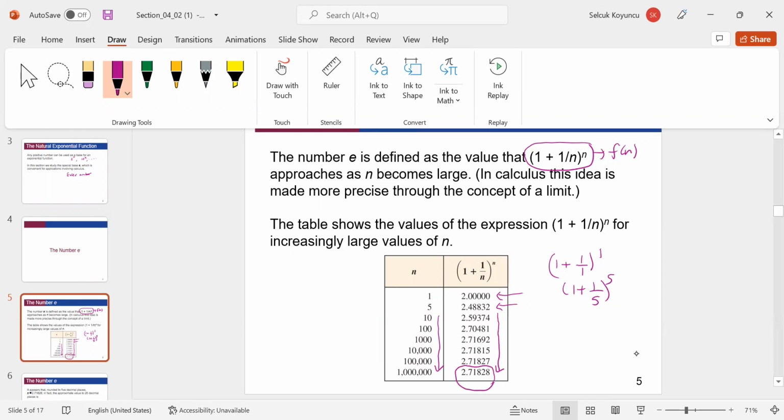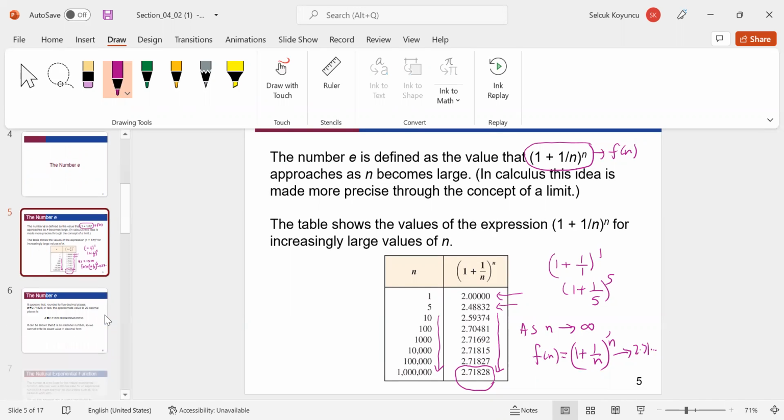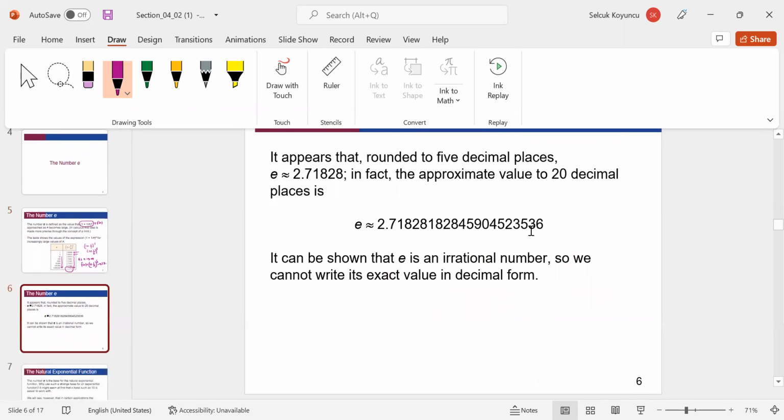So as n goes to infinity, this function f of n, defined as 1 plus 1 over n to the n, is approaching 2.71 and so on. We're going to call this number e, which is close to 2.71820.